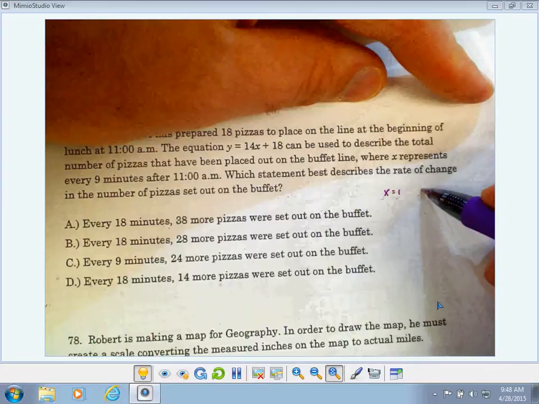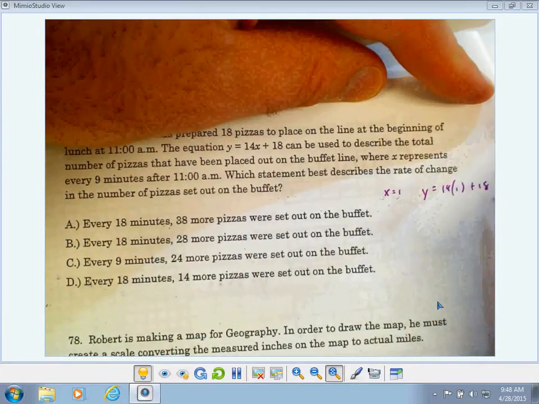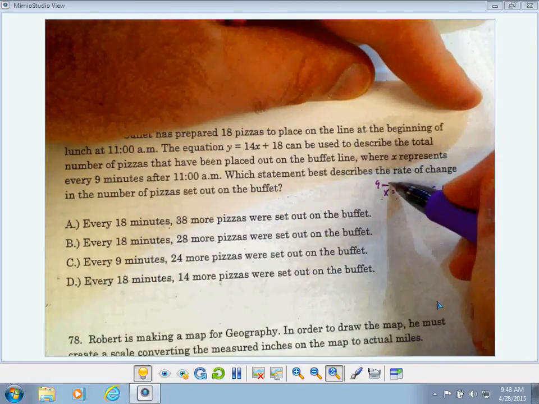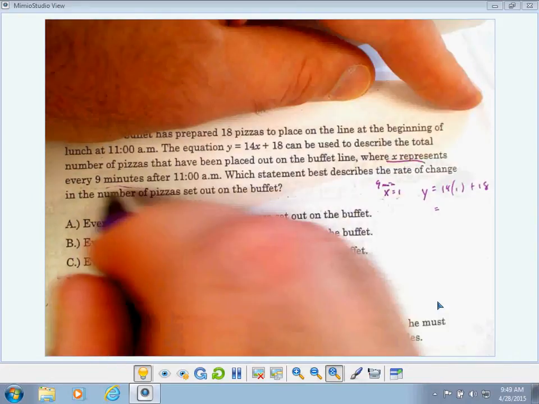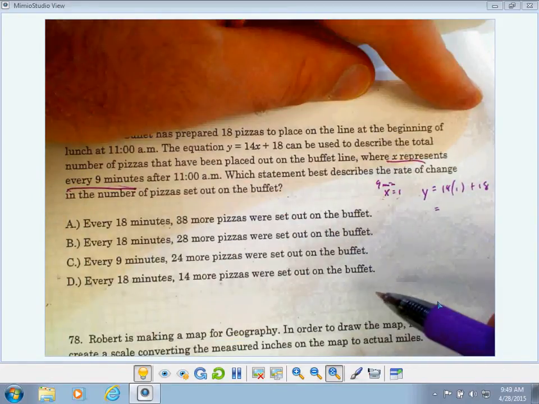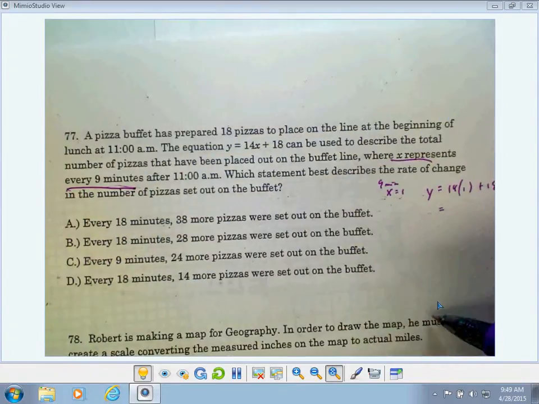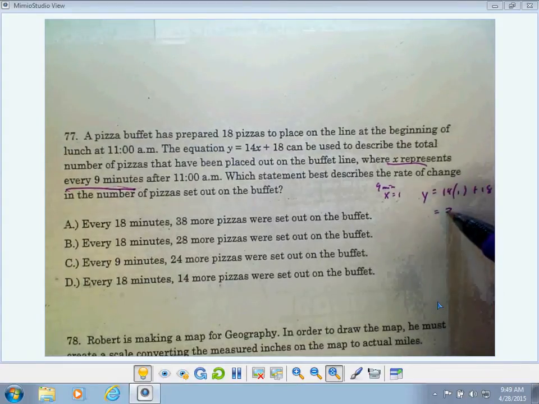So y equals 14 times 1 plus 18. And that means after 1, which is 9 minutes, because x is every 9 minutes. So when x is 1, that's 1 9-minute increment afterward, like at 11:09. So that is going to be 32.